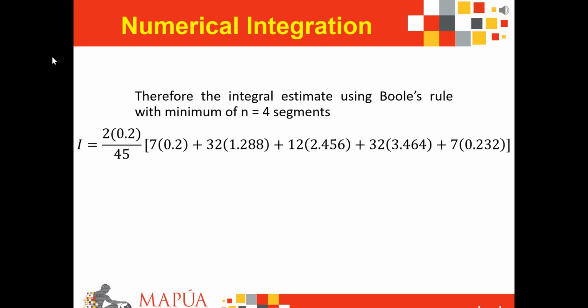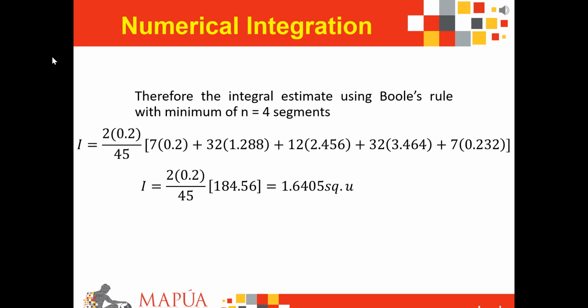And finally, the last function is multiplied by 7, which is 7 times 0.232, giving us a corresponding sum of 184.56 multiplied to our given 2 times 0.2 over 45.